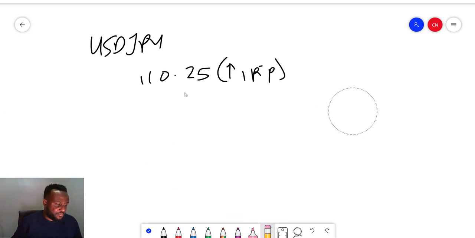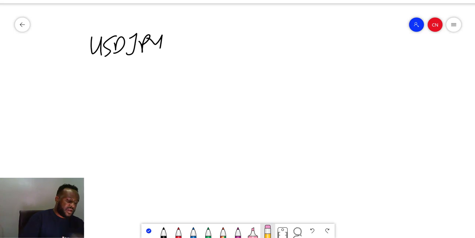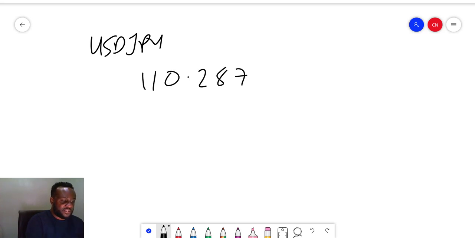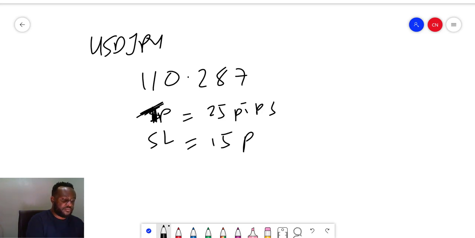So as an example again, if I have a JPY pair where the price is 110.287, and that's my entry price, and let's use a sell example in this case. I want a TP of 25 pips and a stop loss of 15 pips.